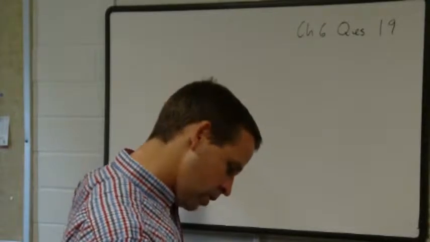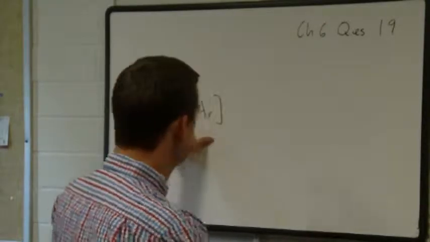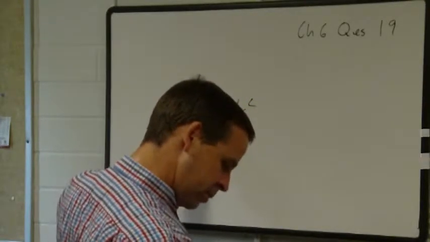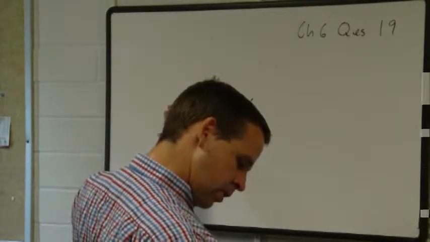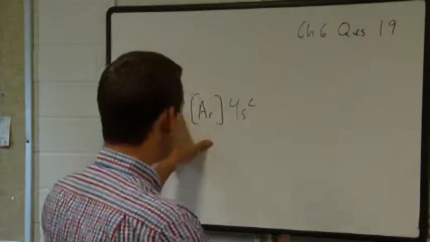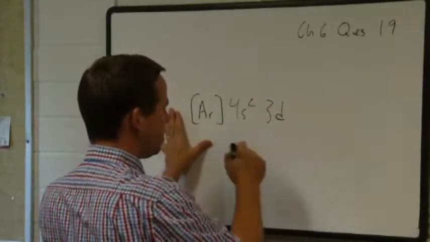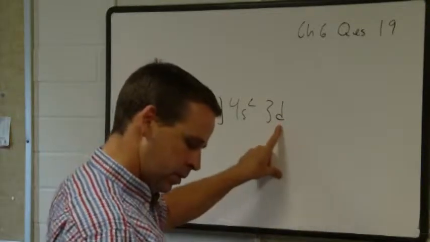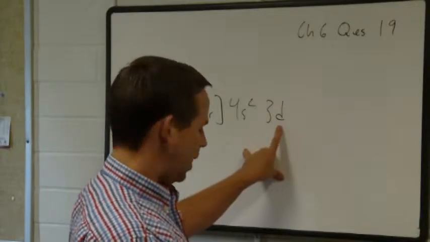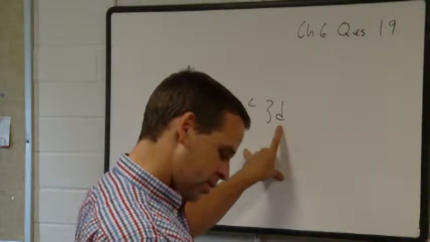And then after argon, we have to put 2 4s's in. 4s2, that's for potassium and calcium. And then we have 10. Now this is the tricky part. This is the D block, right? The D block. And we have 10 electrons going in.